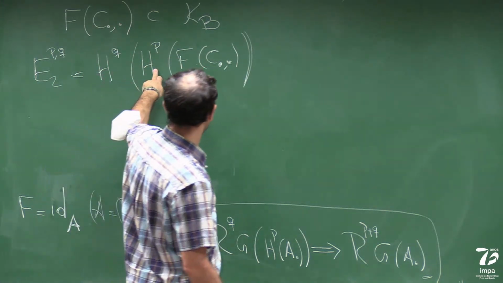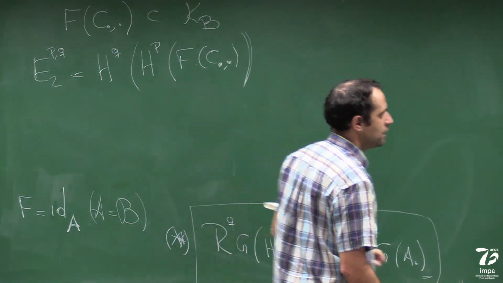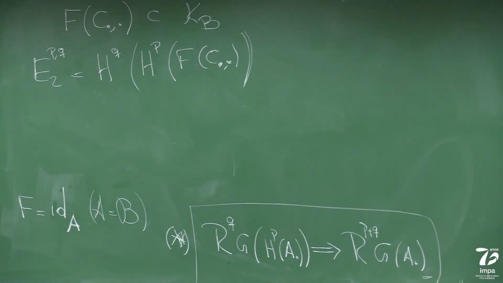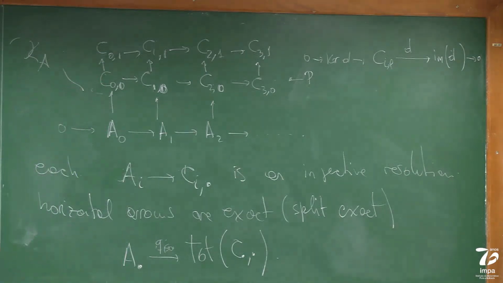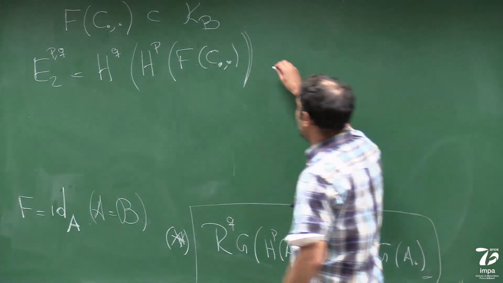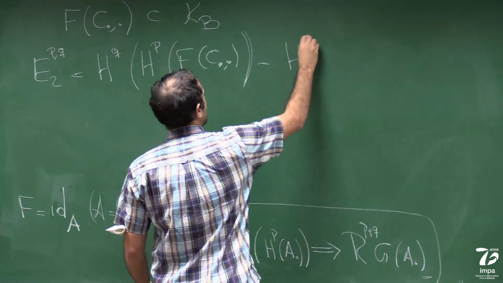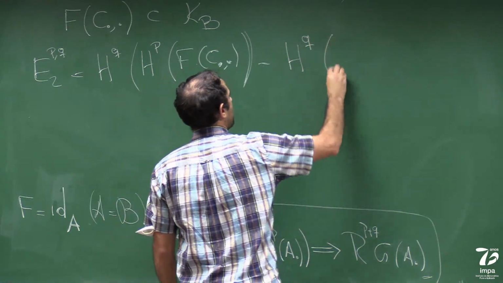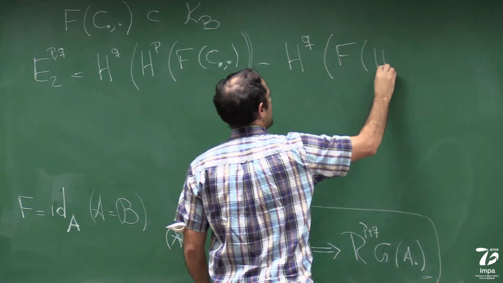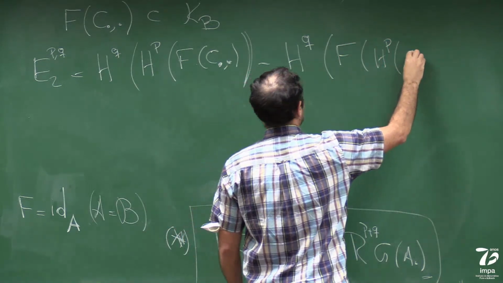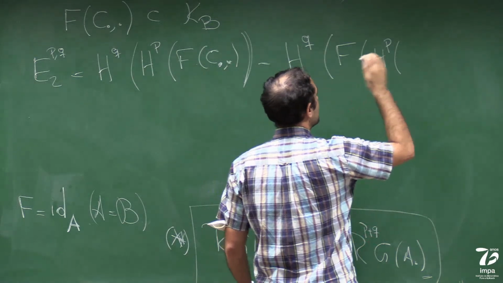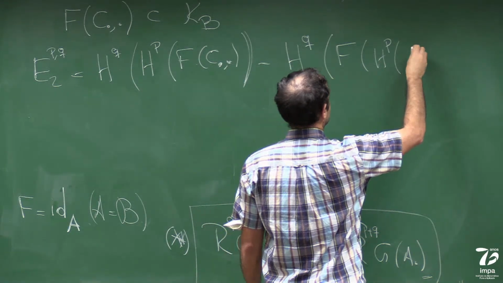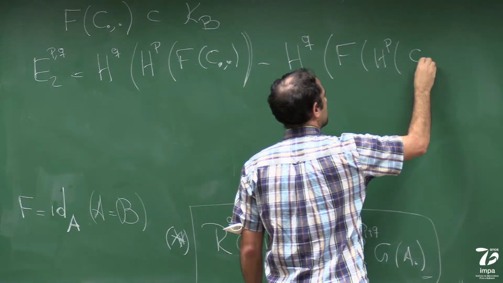Look at this F of HP here. The P is the horizontal homology, and the horizontal homology was given by exact guys. So this commutes with F. So this is HQ of F of HP of C double.